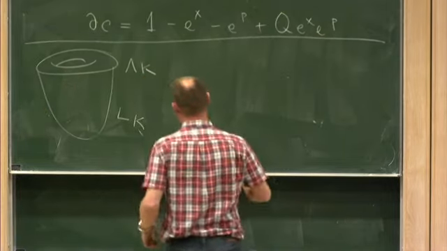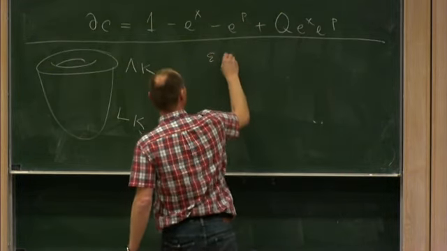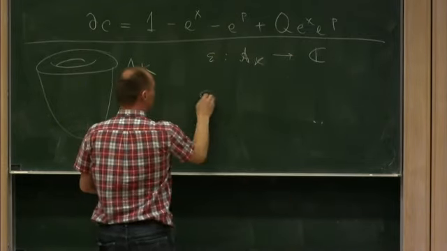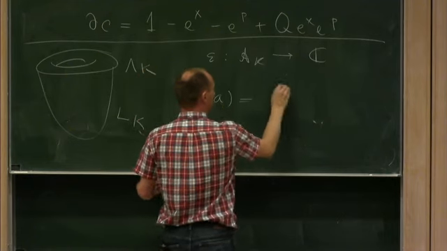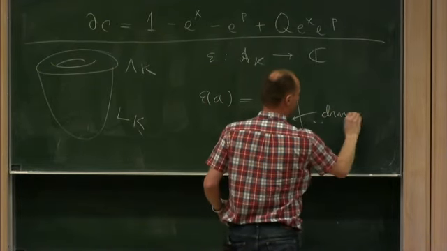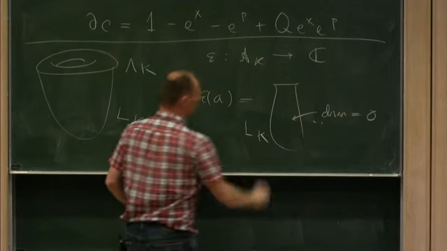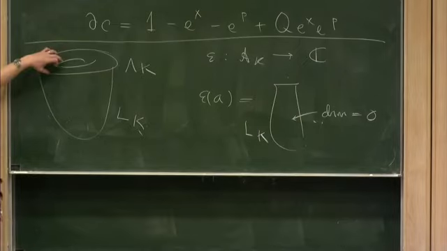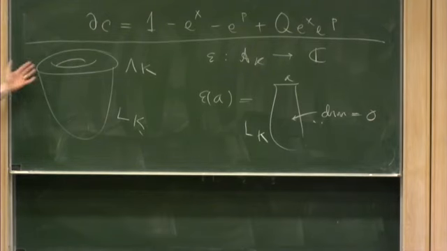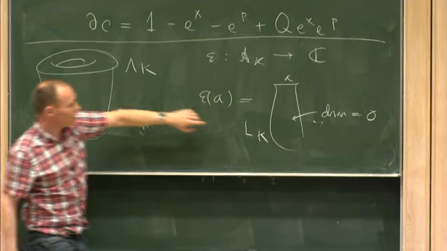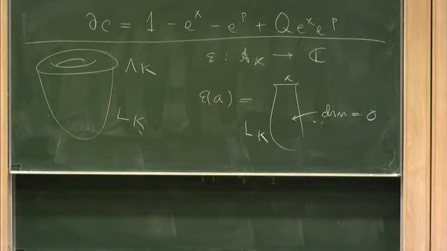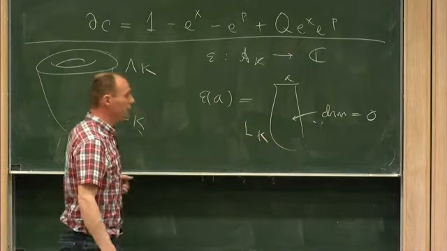Then we can define a chain map as follows: epsilon of A counts rigid holomorphic disks on this L_K. Somehow at infinity you have the Reeb chord A, and then stretching down is some rigid holomorphic curve, so that gives a count for each degree 0 chord, and I'm claiming this is an augmentation. Okay, so why is that?